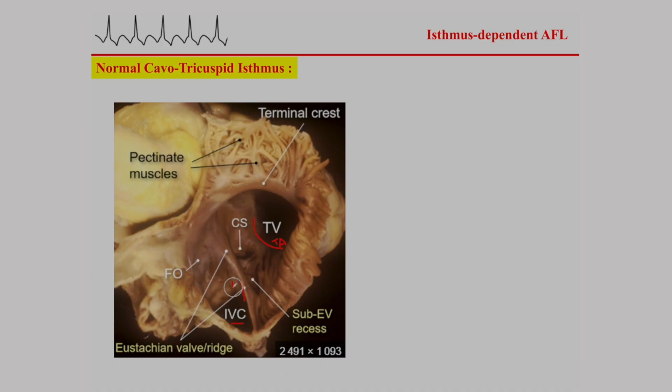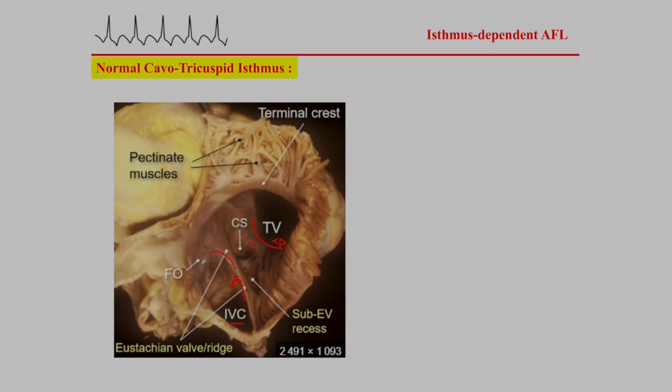The myocardial fibers in the CTI have a circumferential orientation, and they merge with the ostium of the coronary sinus. Posteriorly, the eustachian ridge continues onto the interatrial septum as the inferior limbus of the fossa ovalis.